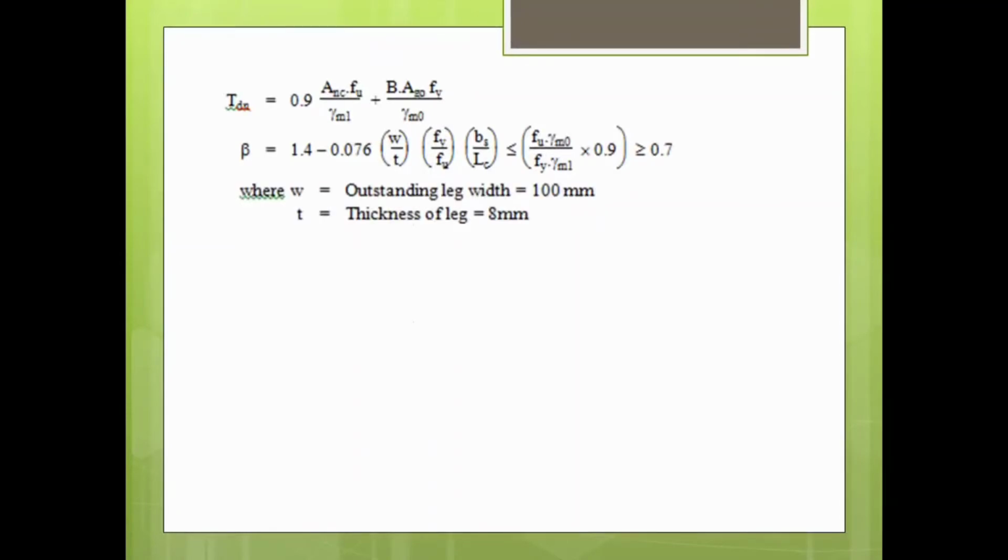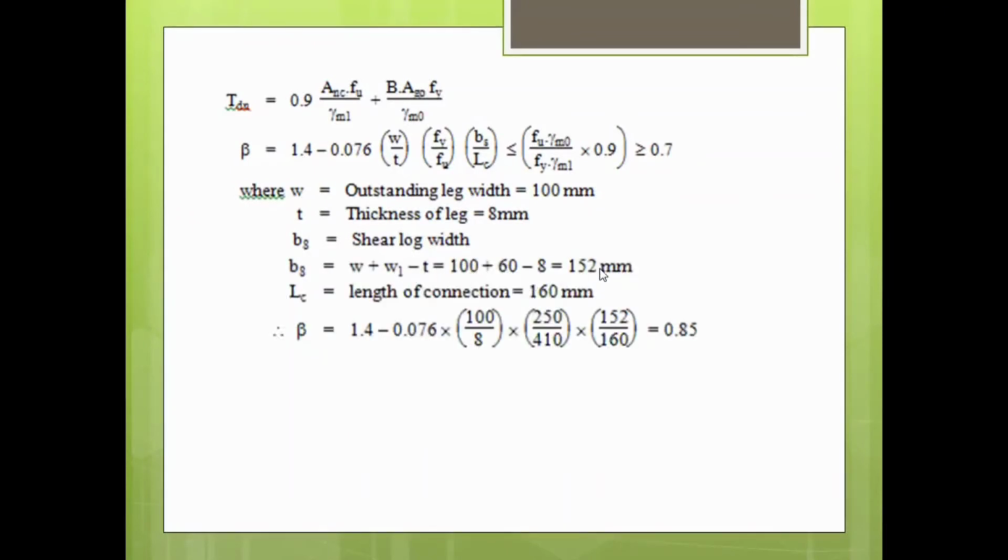Then the thickness of the leg T is 8 mm. It is also given in the data. Yield stress is 250 Newton per mm square, and Fu is 410 Newton per mm square. Then Bs is the shear lag width. How to calculate that? W plus W1 minus T. What is W1?